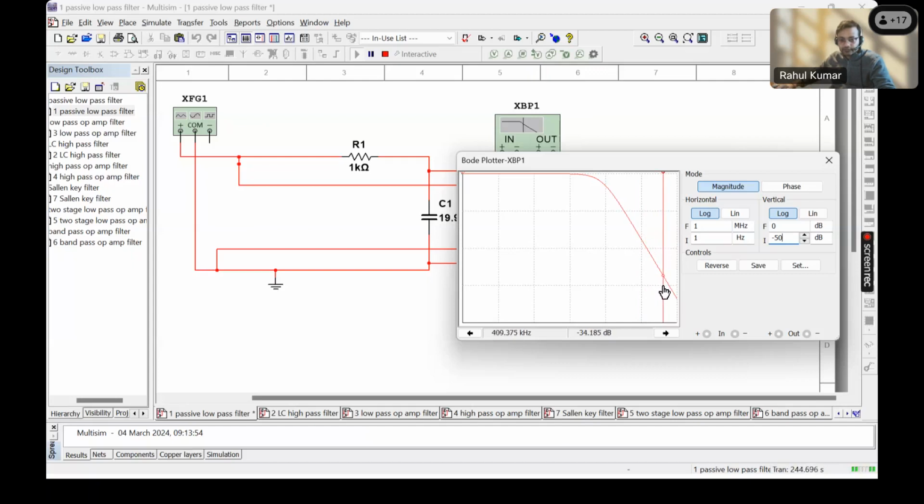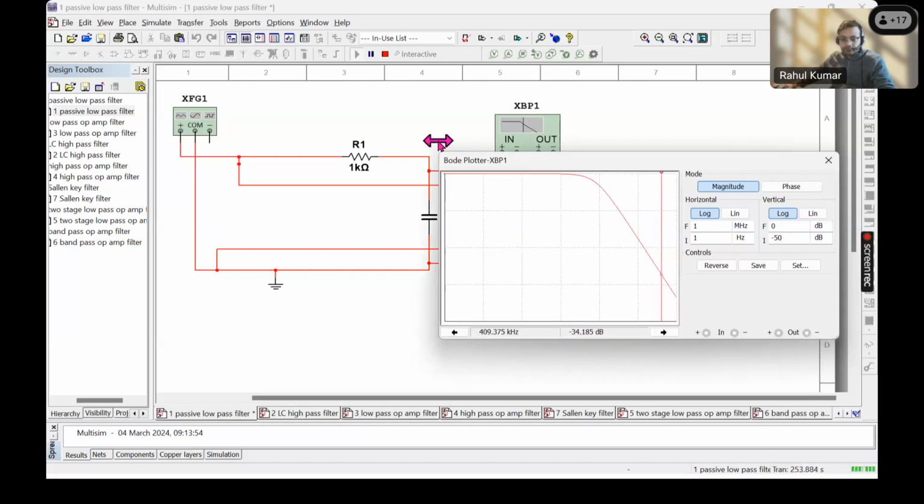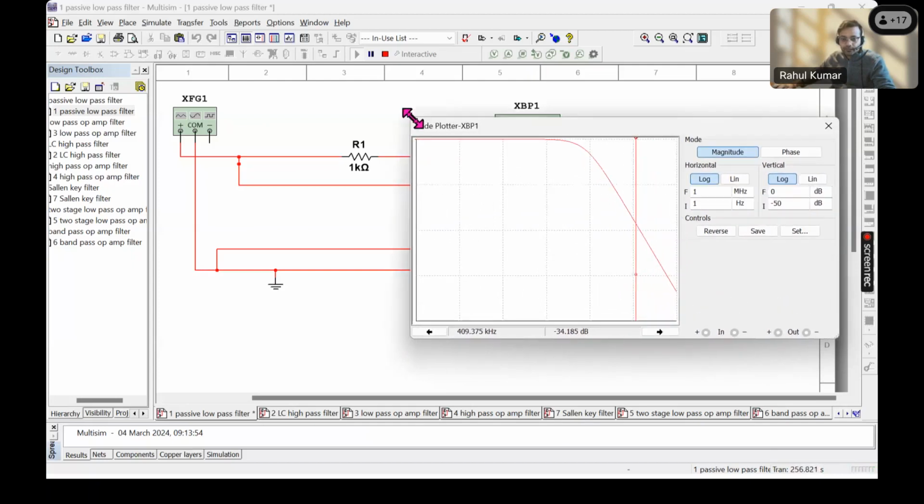That's approximately 400, and we are getting around minus 34 dB. So from minus 14 to minus 34, it's around minus 20 dB per decade. Okay, that's how we calculate the slope and the cutoff frequency from the graph.